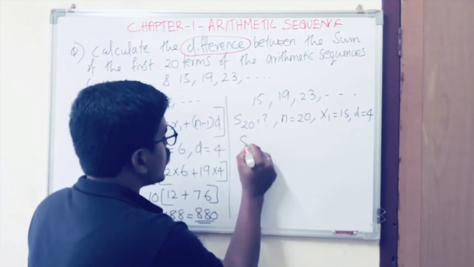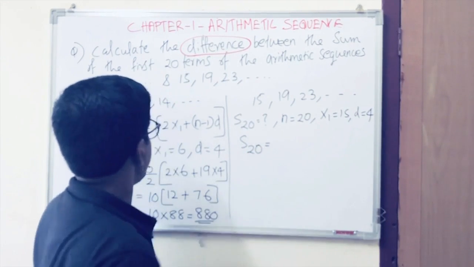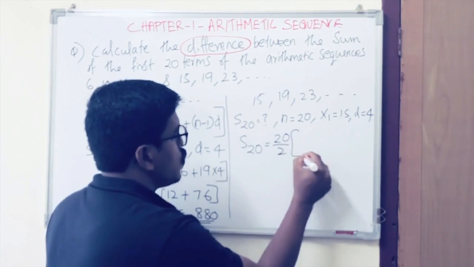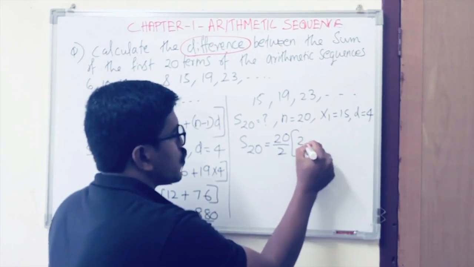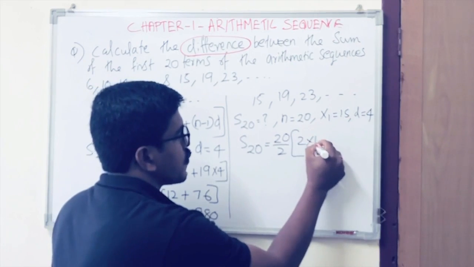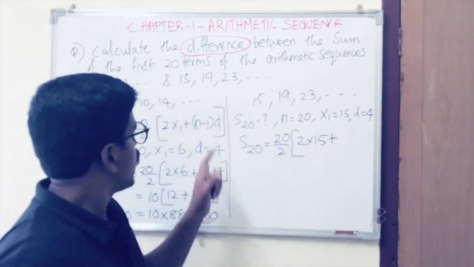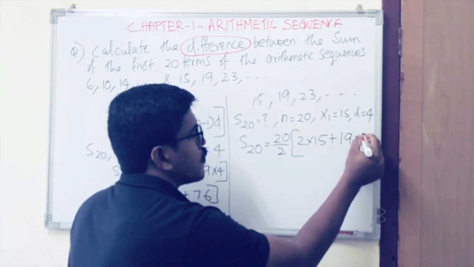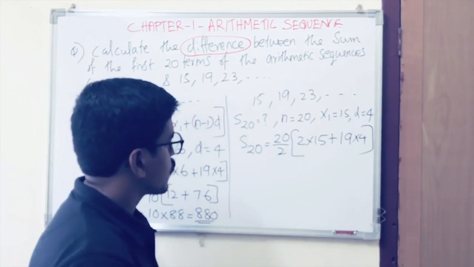Okay, that is S20 is equal to n by 2, that is 20 by 2 into (2 into x1, which is here 15, plus n minus 1, that is 20 minus 1, 19 into 4 will come). Right?